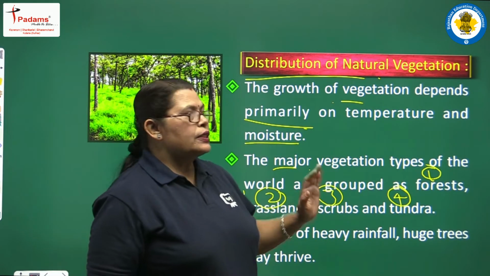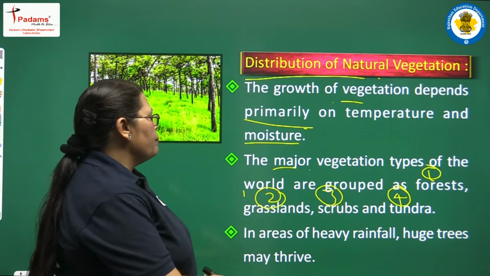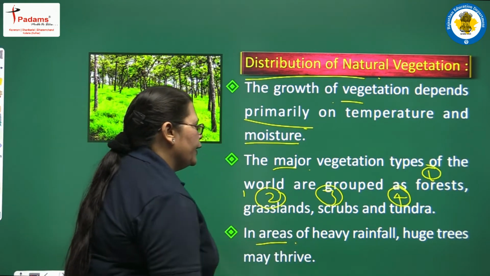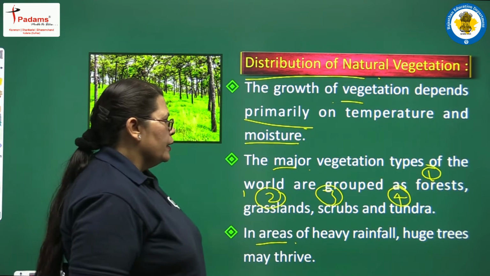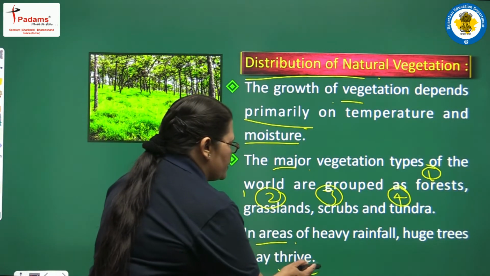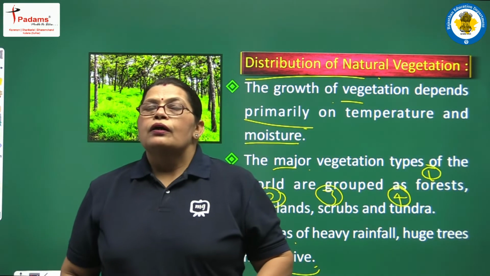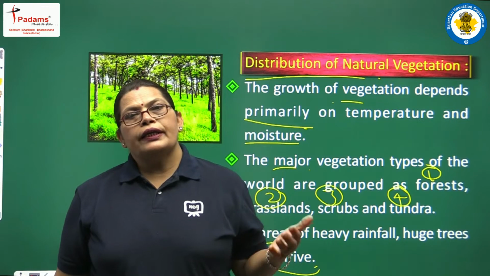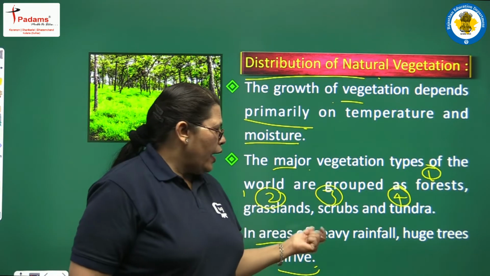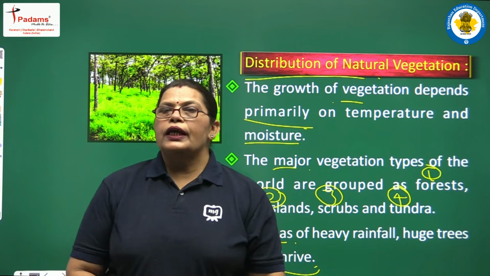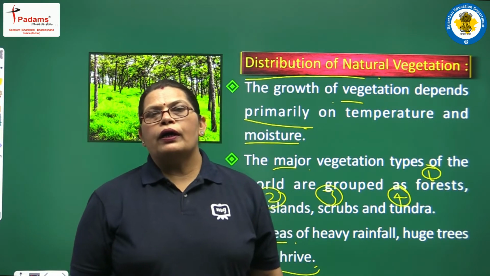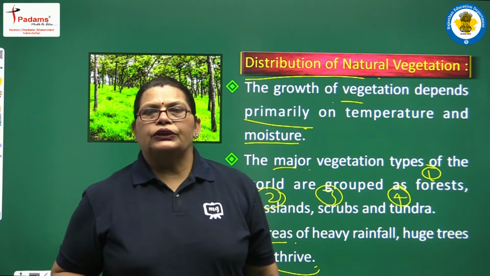So this one is the best example of the major vegetation in areas where there is a heavy rainfall and huge trees may thrive there. So for the purpose of the thrive of the trees, what is needed? Heavy rainfall, temperature and moisture is needed for the proper natural vegetation.